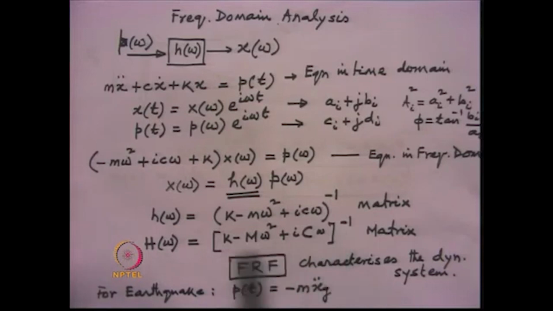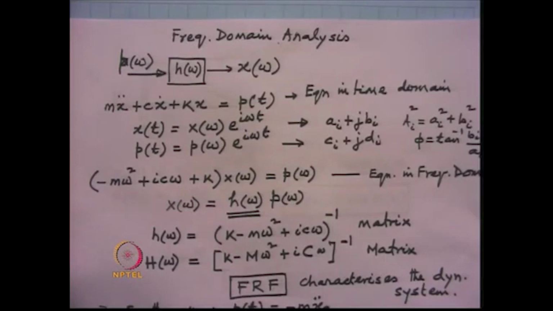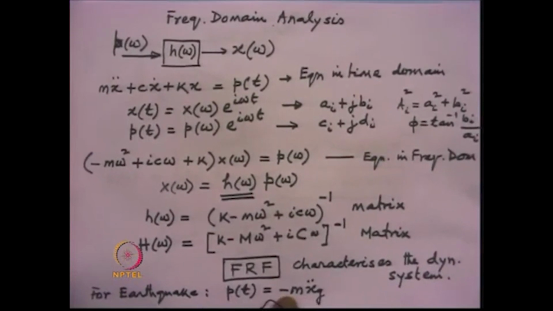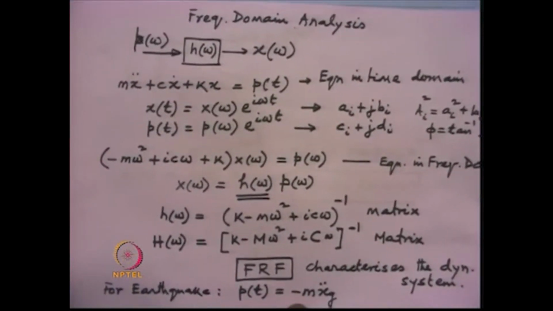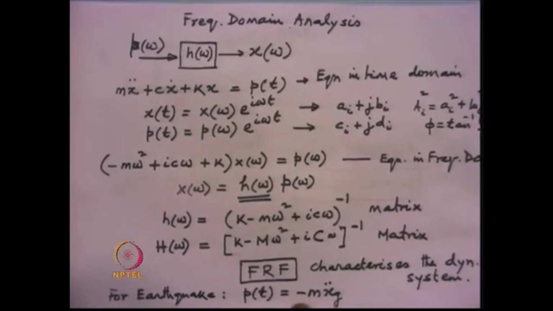This is known as the frequency response function matrix of the system, also known as the FRF of the system. If we wish to characterize any dynamic system, be it a single degree or multi-degree of freedom system, then it can be completely characterized by this FRF, either in the form of a matrix or as a single quantity for a single degree of freedom system.